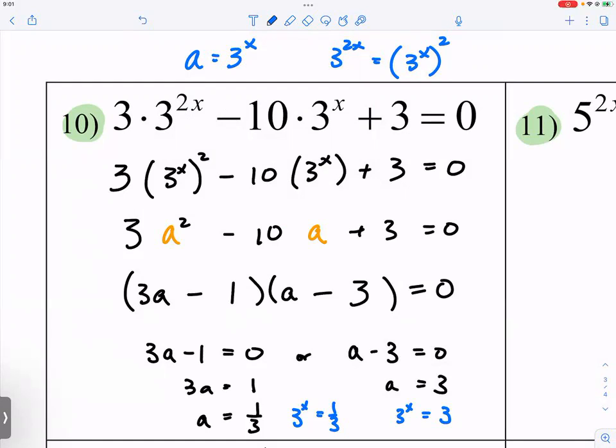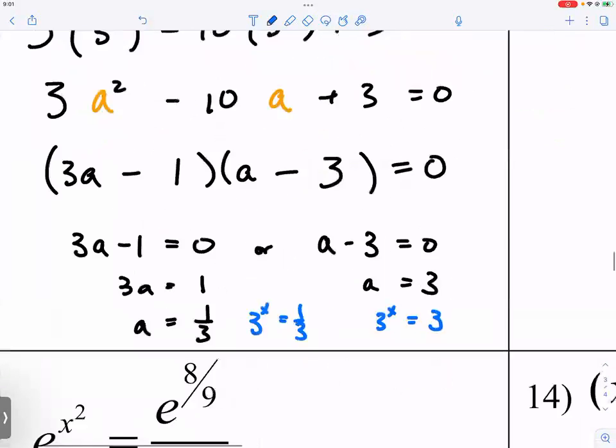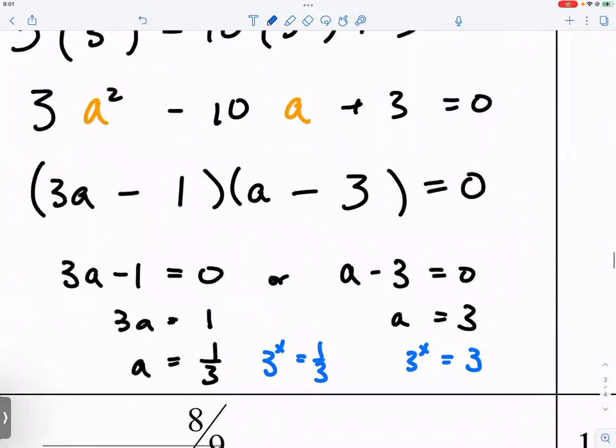So what could x be? If 3 to the x is 1/3, then x must be negative 1. If 3 to the x is equal to 3, then x must be 1.